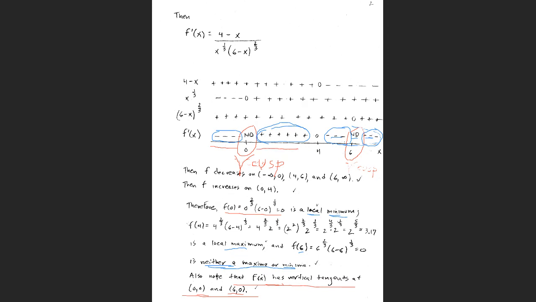A cusp means you have a vertical tangent, but also the function goes from decreasing to increasing. So you got to have a cusp at x equals 0. But you're not going to have a cusp at x equals 6, because the function is decreasing before x equals 6, and then it gets a vertical tangent at x equals 6, but then it continues to decrease. So that's correct.